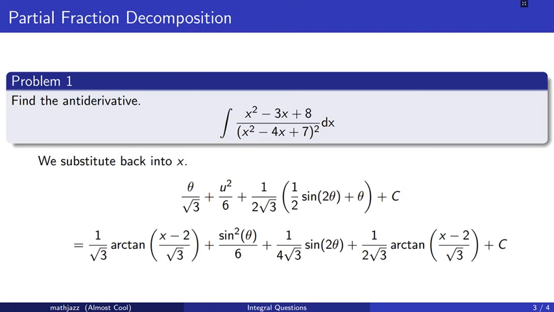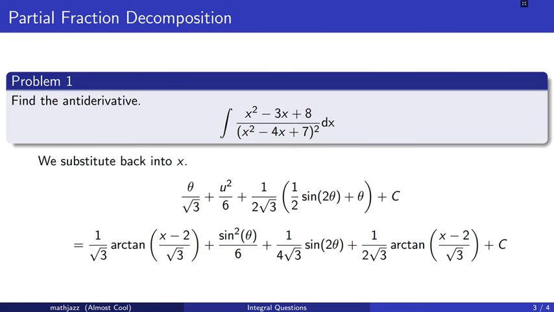So first thing we notice is that if x minus 2 equals the square root of 3 times tangent of theta, then theta equals arctangent of x minus 2 over the square root of 3.